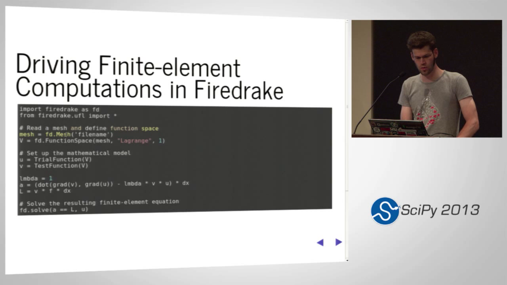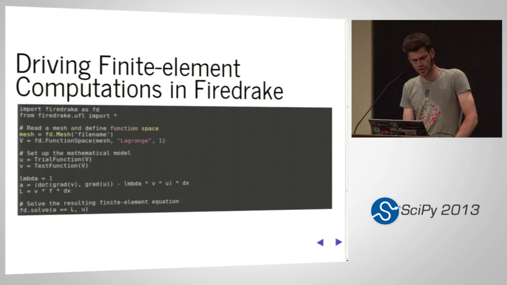So what you do is you read in a mesh file, and you define a finite element function space on this mesh, and you define what element you want. And this is all the element types that are supported by UFL and FFC. And then we see the same problem specification that we saw before for this Helmholtz problem.